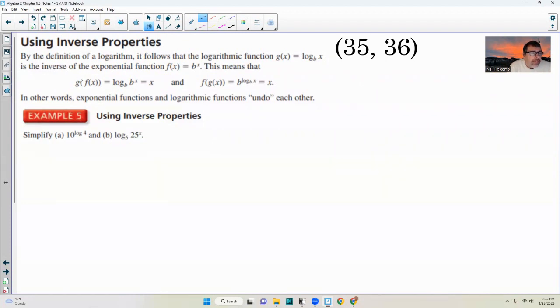This means that g of f of x equals the log base b of b to the x, which equals x. You're probably saying, what? This is putting one function into another function, composed onto.